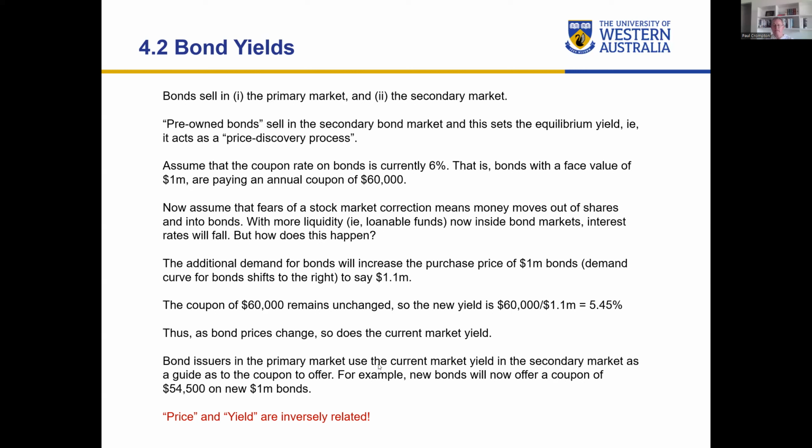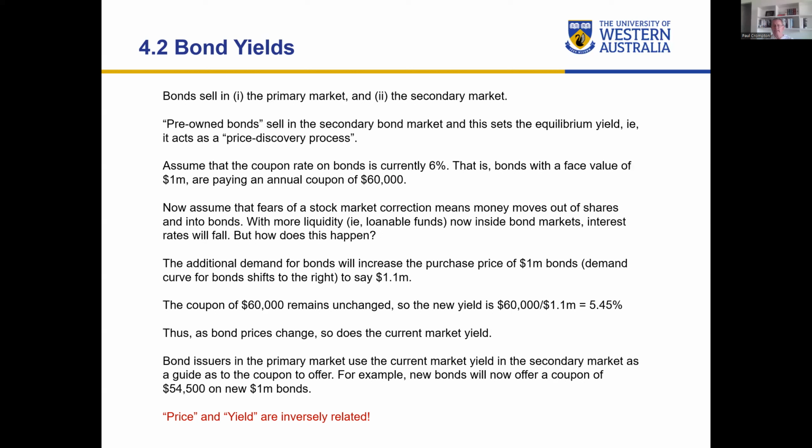Okay, the only other thing that I've got here that is new is that all of this happens in the secondary market. So when bond prices go from 1 million to 1.1 million, that happens in the secondary market. And the secondary market plays what we call a price discovery role, or an interest rate discovery role, or a yield discovery role. It's all the same.